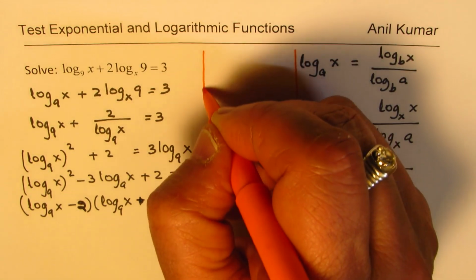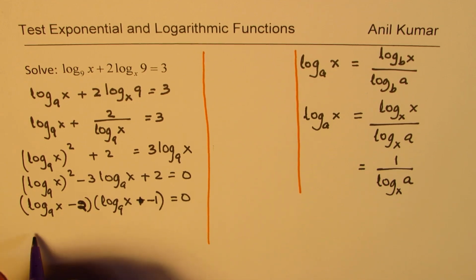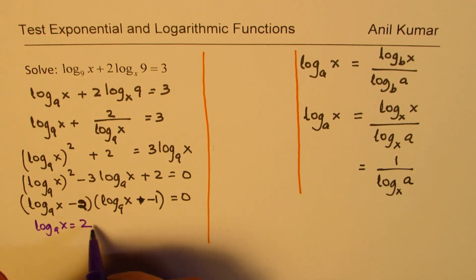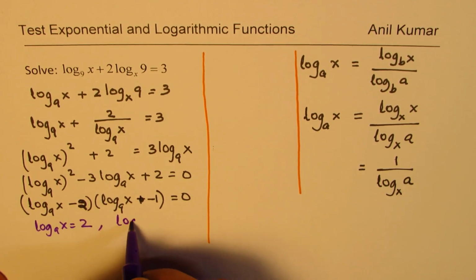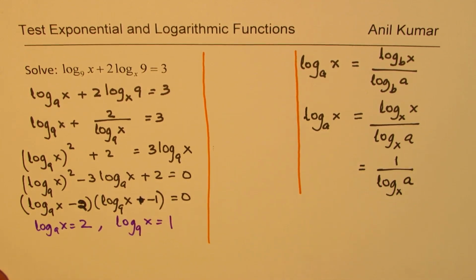Let me use this space for my solutions. So now we can say that log to the base 9 of x is equal to 2, or the other solution is log to the base 9 of x equals 1. Perfect. Now these two give two solutions to us.